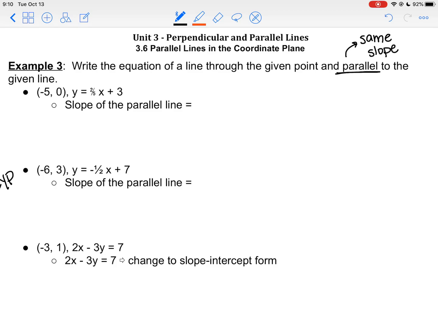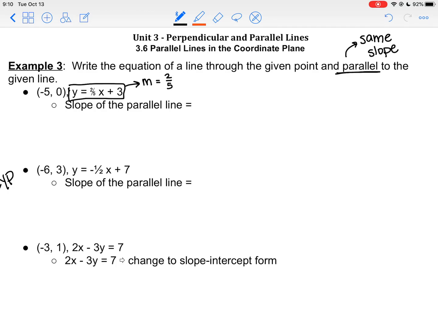So from the line that we were given, we really only need to figure out what the slope of that line is. In this equation, y = 2/5 x + 3, the only information that I need from this line is the slope. The slope is always the number that's found in front of the x when it's in this y equals form. So the slope of this line is 2/5.